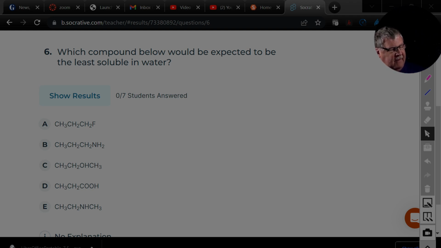Which would we expect to be the least soluble in water of the compounds listed? What's the general rule of thumb for solubility?